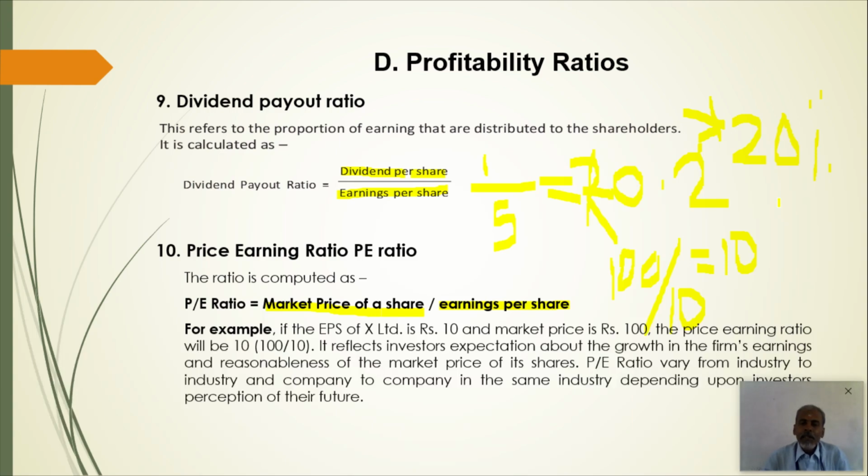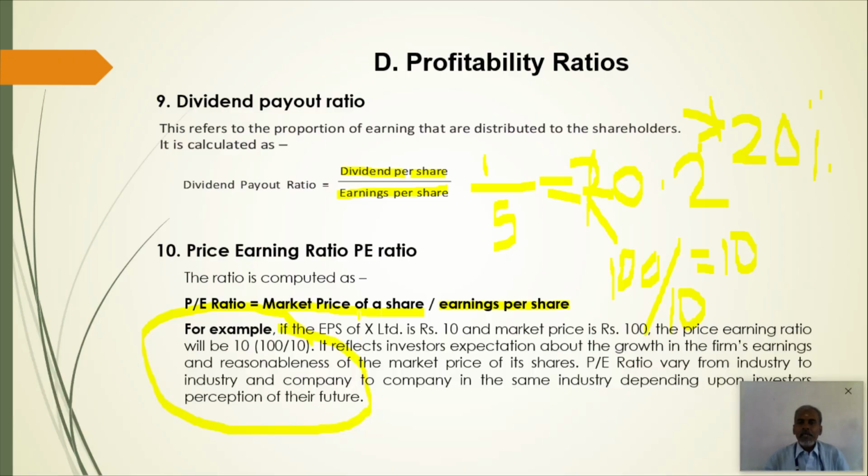It means that your market price is 10 times the earning per share. If you convert into percentage, it will go higher. If you multiply by 100, you will get 1000%. So your market price is 1000% of your earning per share. So you can say in different words. One example is given here. That is how I have explained this example in simple ways.